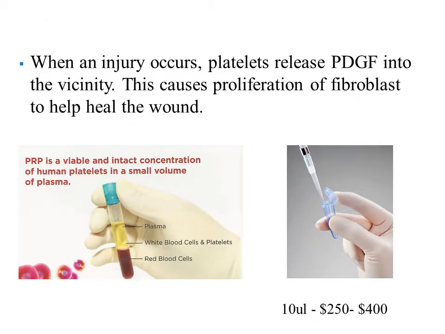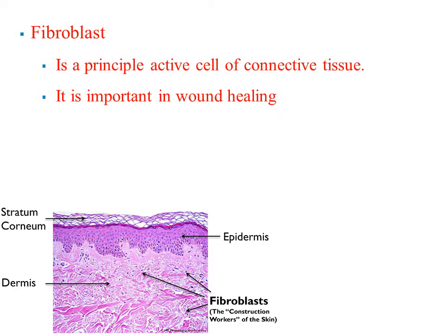So when an injury occurs, the platelet will release PDGF into the vicinity. This is going to cause proliferation of the fibroblasts, which will help the wound. This slide shows where the fibroblast is.